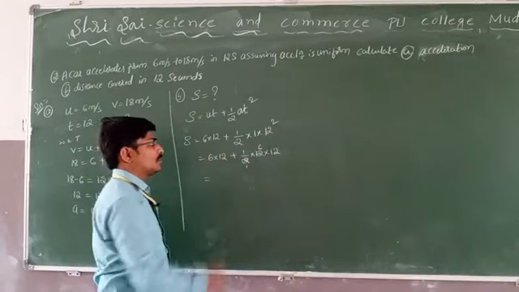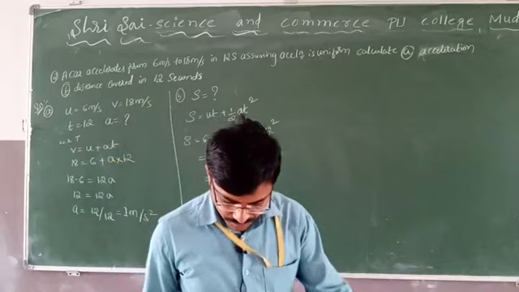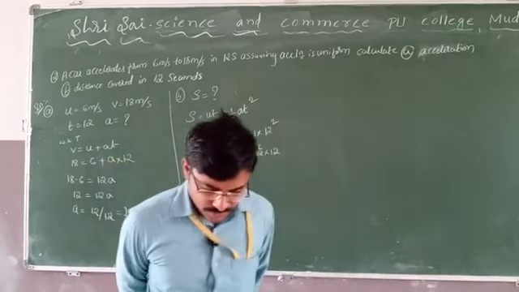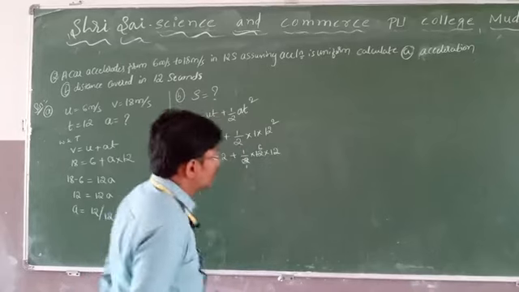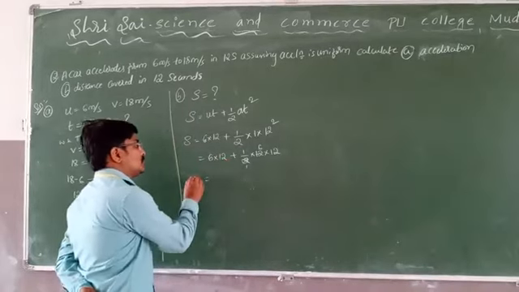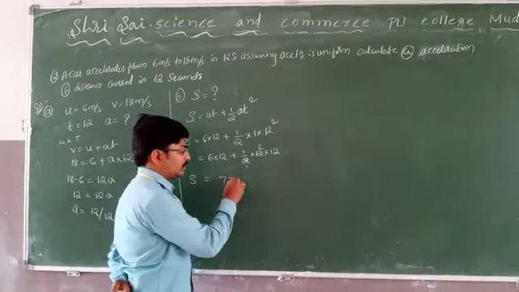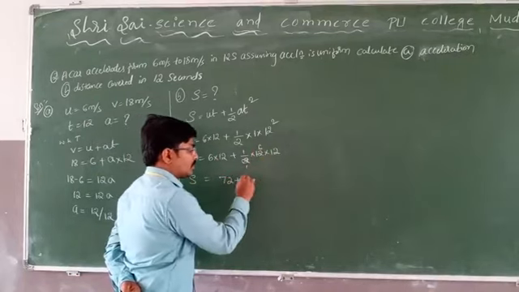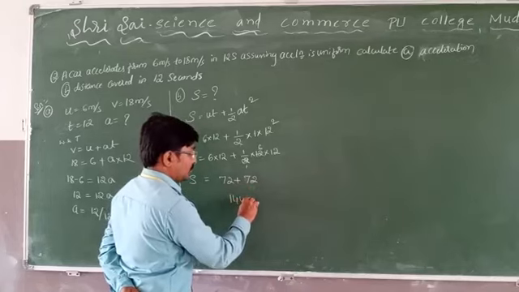Here also 6 into 12. How much is it? S is equal to 6 into 12, 72, plus 72. Total 144 meters.